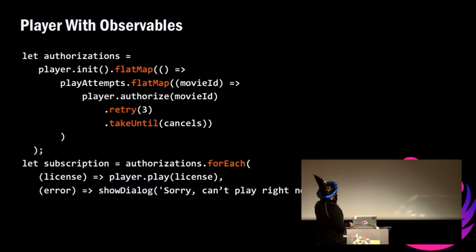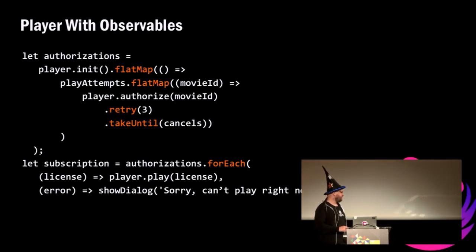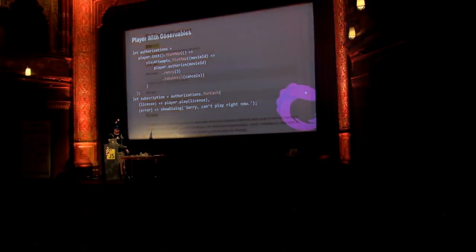We can initialize, flat map, play attempts, then authorize, retry 3 times, and take until cancel. That's something we couldn't easily do with the callback hell version: if someone hits that cancel button, it will actually stop the whole transaction from going through. That's cool, because now we have the ability to merge all of these different events into one.